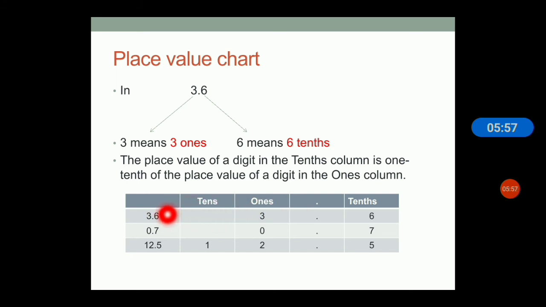So this is 1/10th part of this, that means 6 by 10. As you can see in 3.6, 3 is in the ones place and 0.6 is in the tenths place. Similarly 0.7.